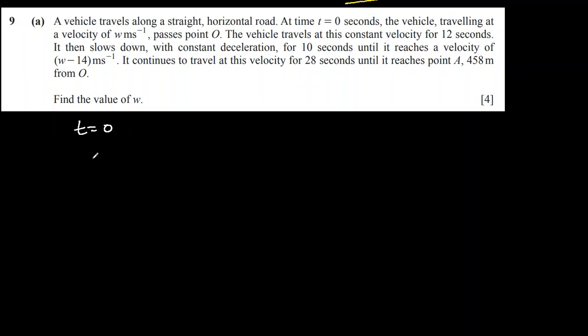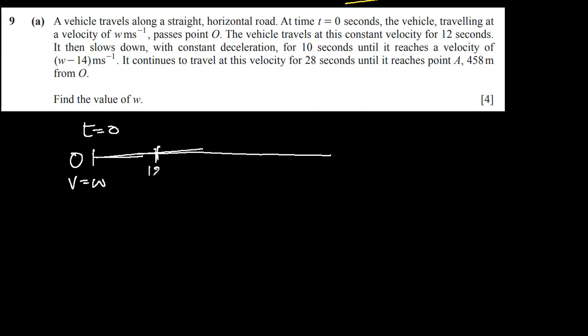So if t is 0, it is starting from here, so its velocity is w meters per second. Passes point O. Okay, so this point is called O. The vehicle travels at this constant velocity for 12 seconds. So it travels at the same speed till 12 seconds.